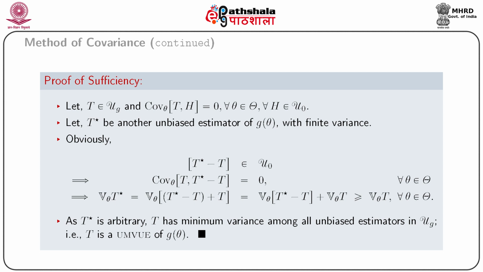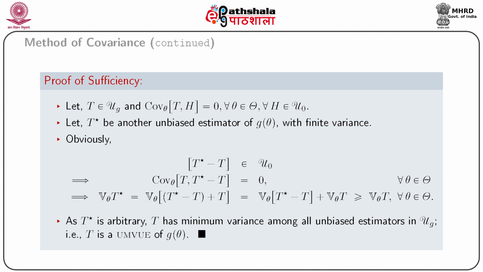Then covariance of T comma h star equals 0 for all theta, which implies that covariance of T comma T star minus T is equal to 0 for all theta.